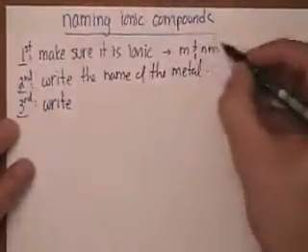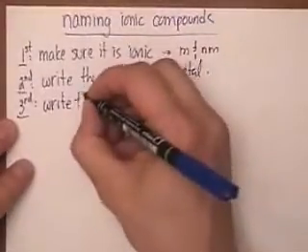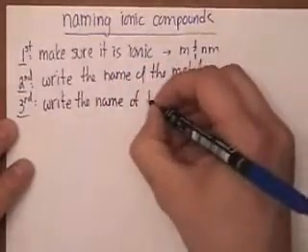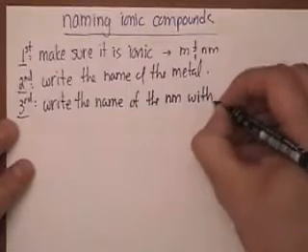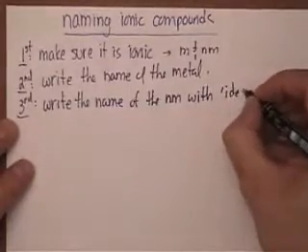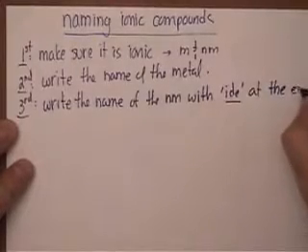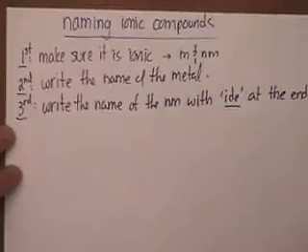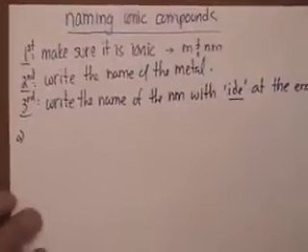This one right here, write that name of the nonmetal, but we're going to add IDE at the end. Okay, so there's your 3 steps that you'll want to do, and we will actually go over some examples.